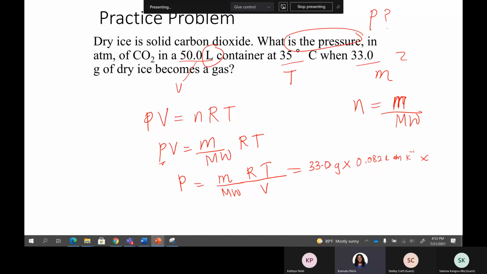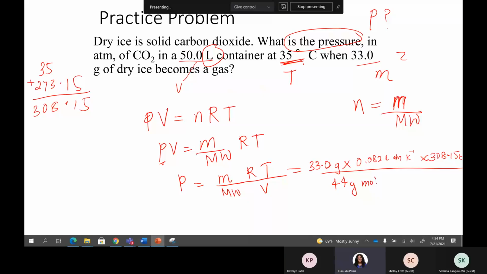Now you need to change this 35 to Kelvin. What is the number then? 35 plus 273.15, 308.15 Kelvin, divided by the molecular weight of carbon dioxide, which is 44, I think, times the volume, 50.0 liters.